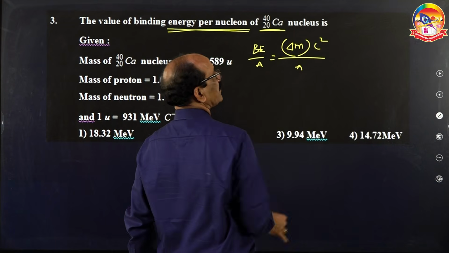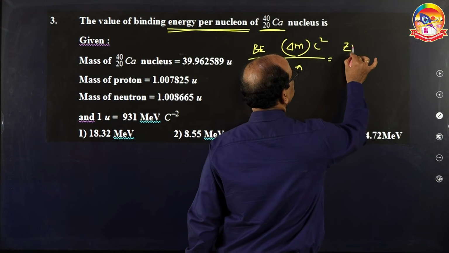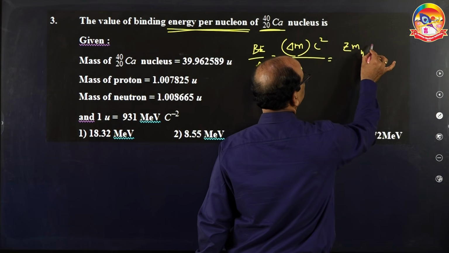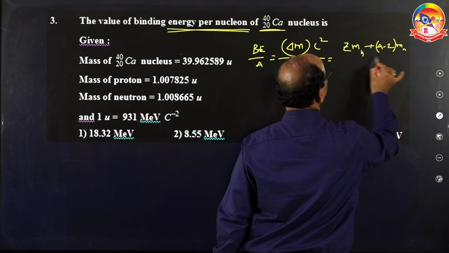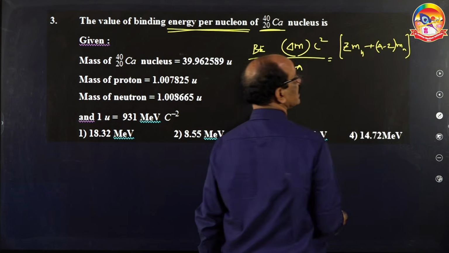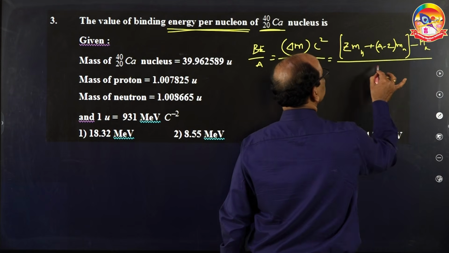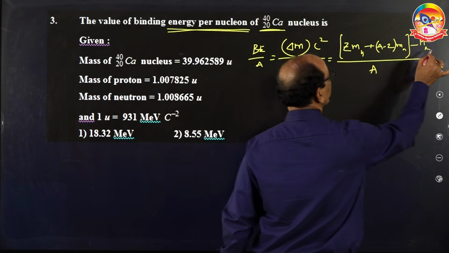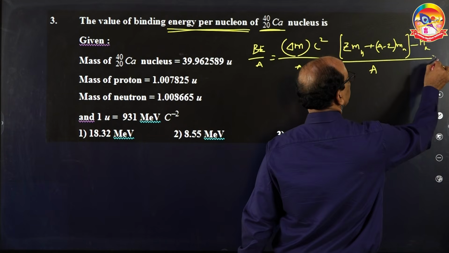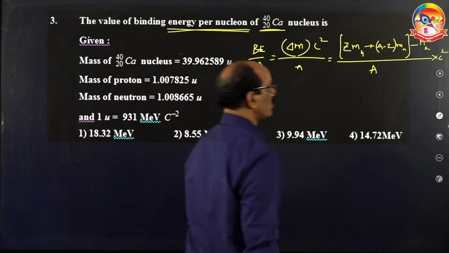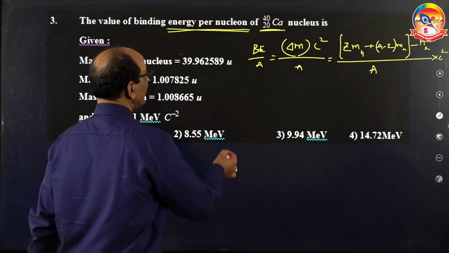What is the mass defect? Expected mass: there are Z protons, Z into mH, mass of each proton, plus A minus Z times the mass of neutron, that is the expected mass of the nucleus, minus the real mass of the nucleus. All this is the mass defect. This divided by A is the mass defect per nucleon, which is to be multiplied with c square. So here first we shall calculate the mass defect.